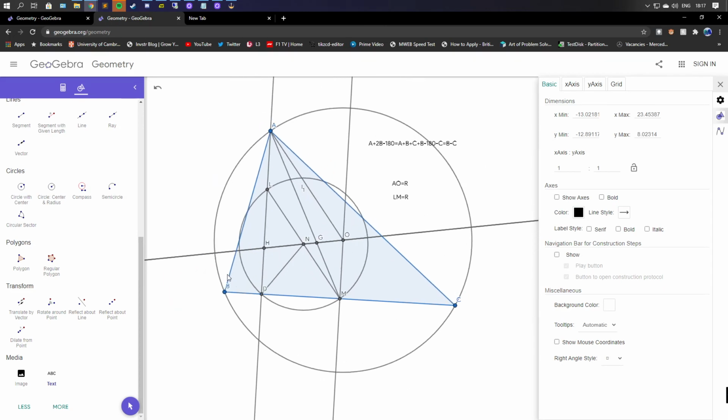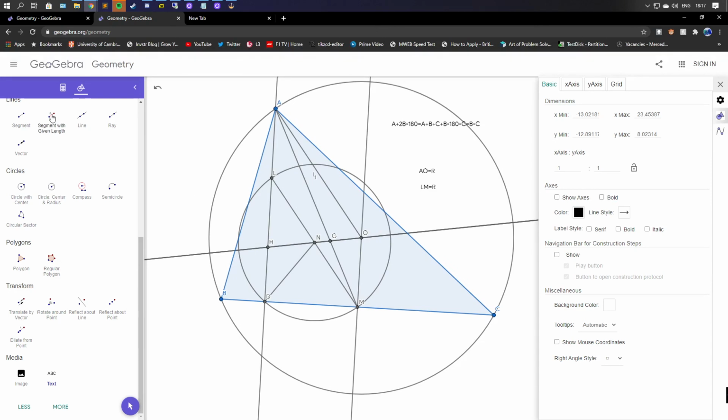So B minus C should come from somewhere else. We want it to be this one, which means it should also be equal to this one.